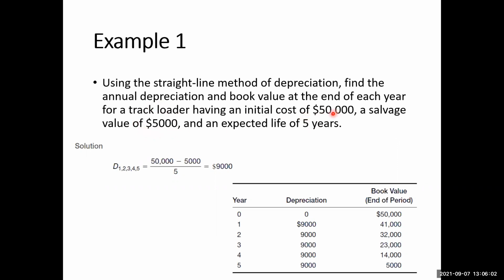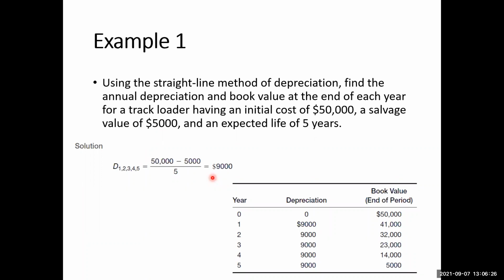In that case, over a 5-year period, every year its value will decrease by $9,000. You can see that $50,000 now, after 5 years, $5,000. So the total decrease is $45,000, divided by 5 years. So each year the decrease in the value of the equipment is $9,000.